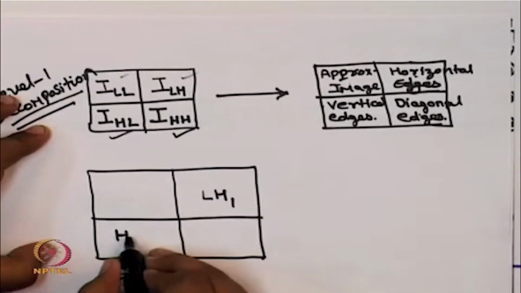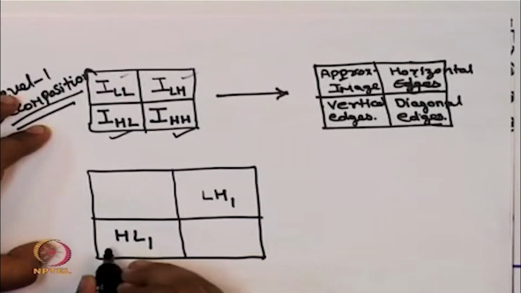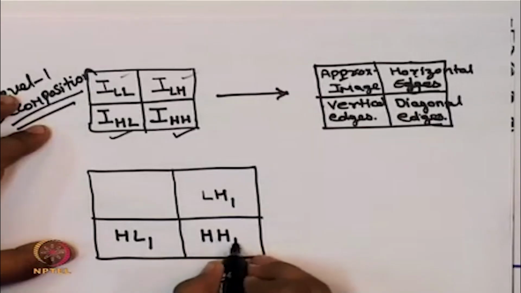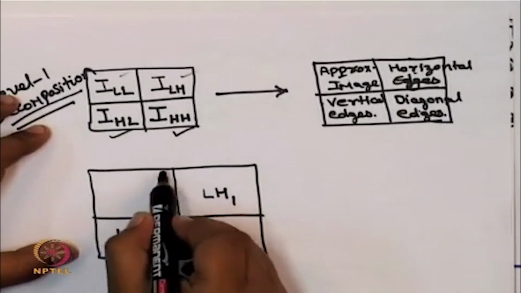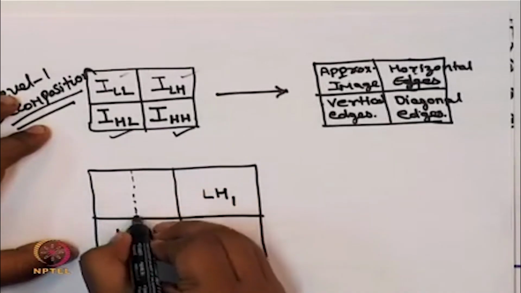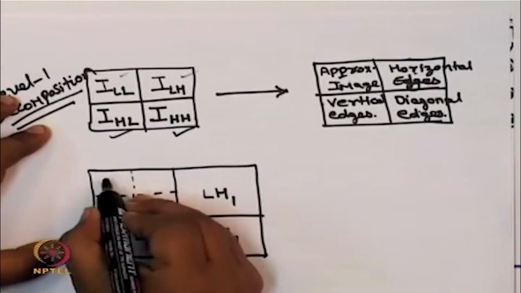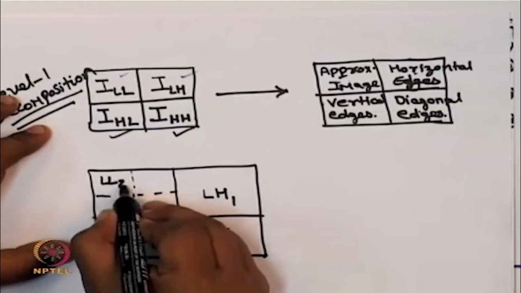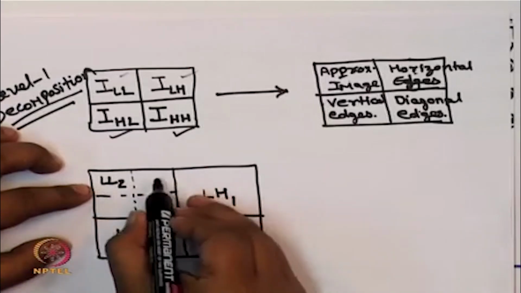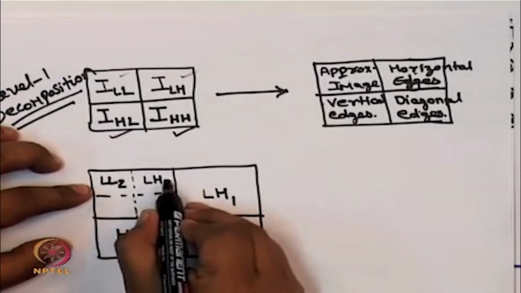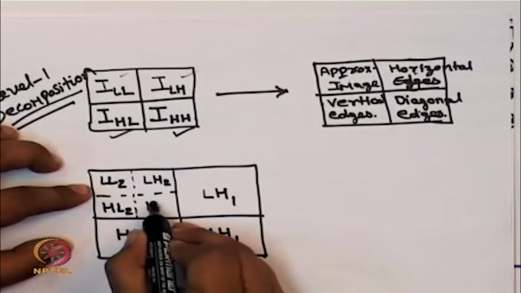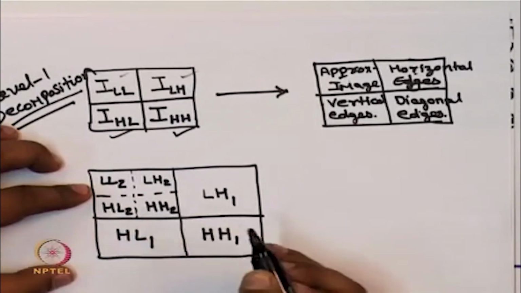This is our HL subband, again let us say this is HL1. And this was our HH subband with subscript 1. Now we have taken this LL subband and decomposed it further into 4 parts. So this will be our LL subband, but we show this as LL2. Over here we will have LH2, here we have HL2, and this is our HH2.